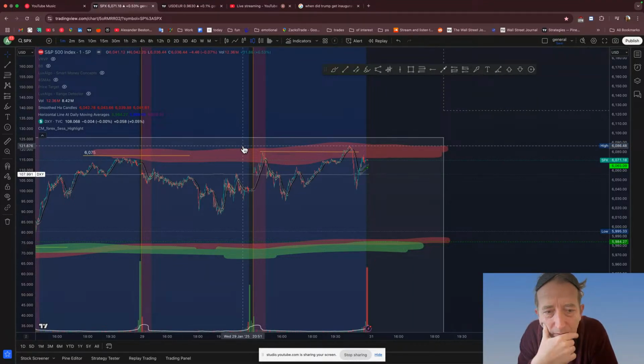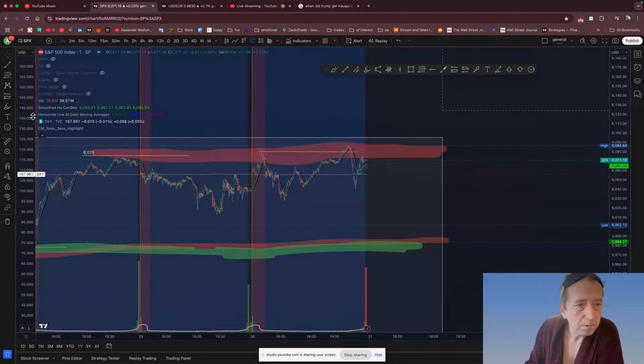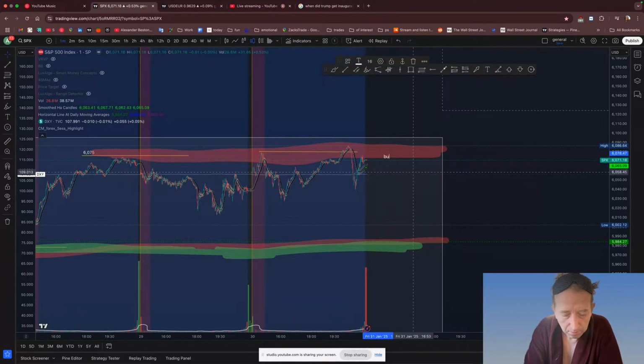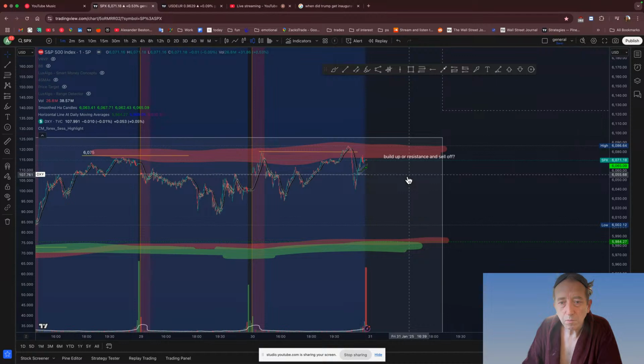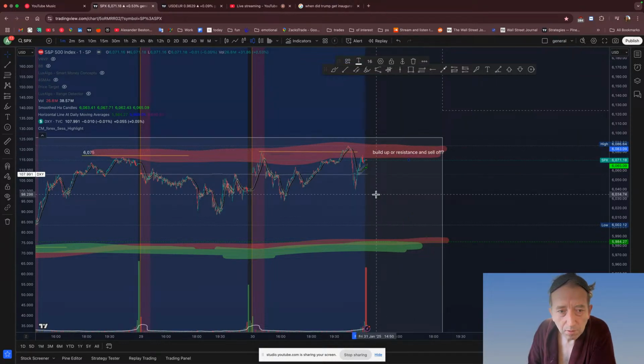So we've got a build up or resistance. So I'll put that there. Build up or resistance and sell off. Are we going to cash or are we buying more stock?